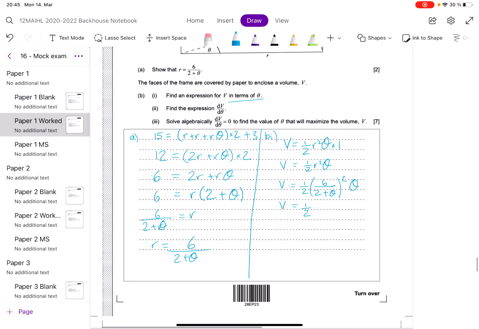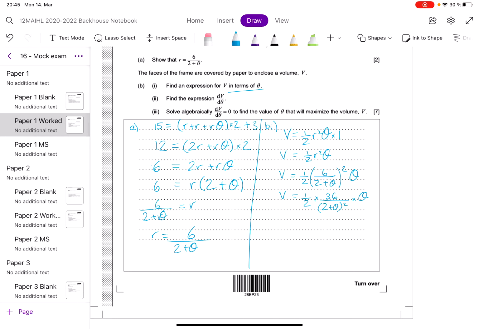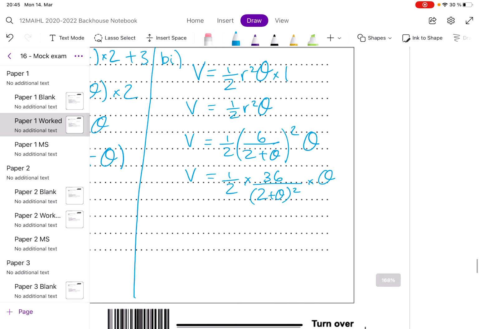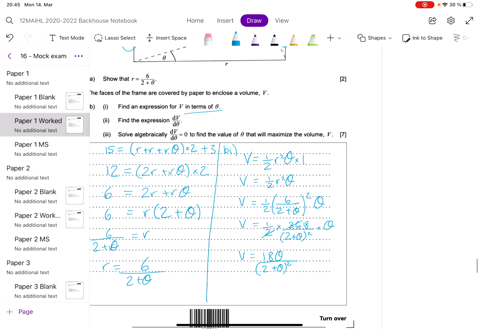A half times 36 over 2 plus theta squared times theta. Okay, I think I'm going to cancel 36 and the 2. It's 18. And I'm going to try and make it a bit nicer. 18 theta over 2 plus theta squared. So that's an expression for V in terms of theta.